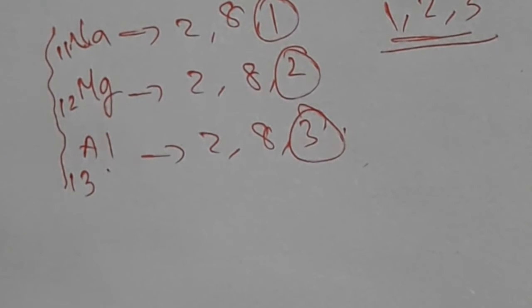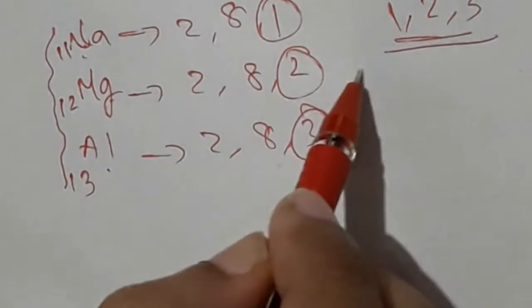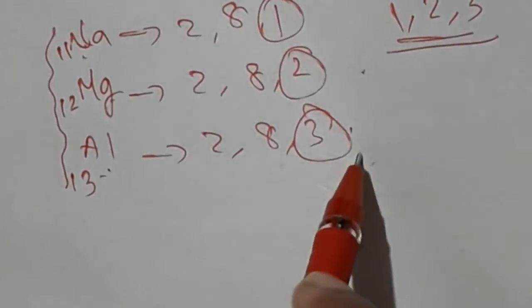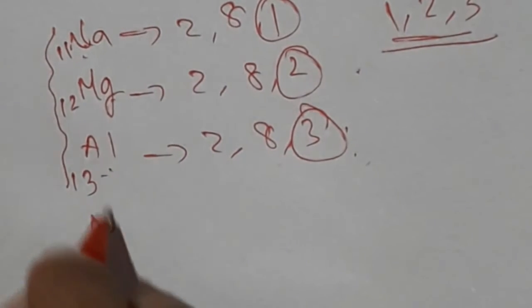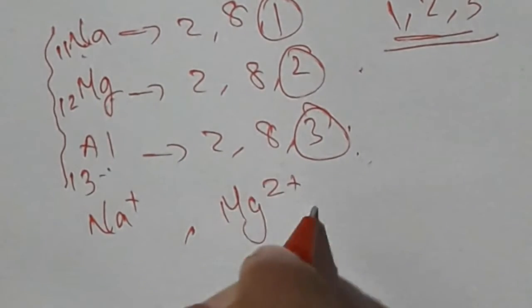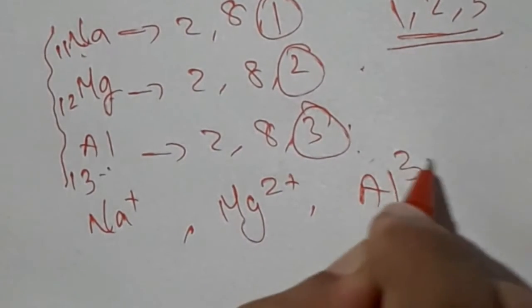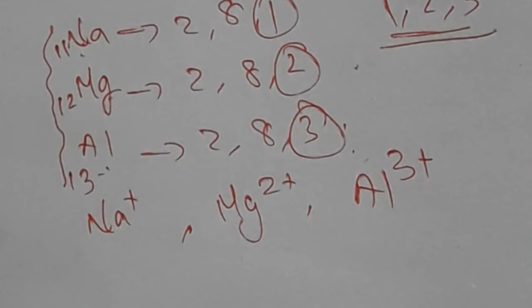They lose electrons. Sodium loses 1 electron, magnesium loses 2, aluminium loses 3. After losing electrons, sodium changes to Na+, magnesium to Mg2+, aluminium to Al3+. So generally metals lose electrons and form positively charged ions.